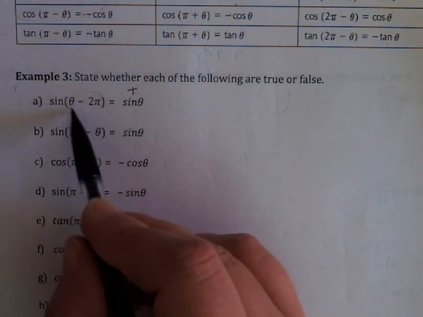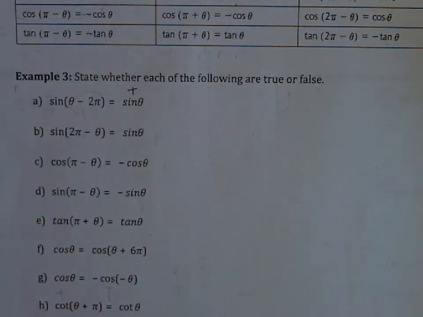So this should remind you of something. When you add or subtract multiples of 2 pi from the angle, you get coterminal angles, right? And all the coterminal angles have the same trigonometric ratios.